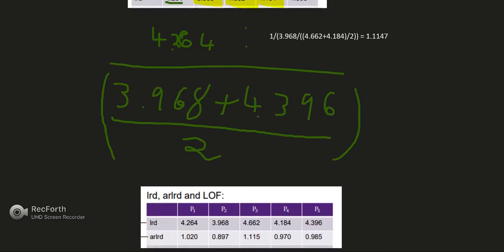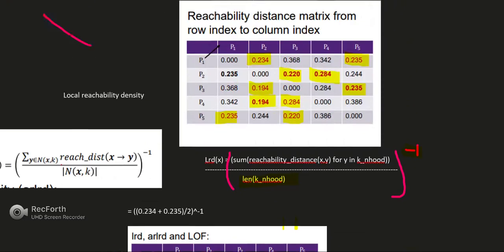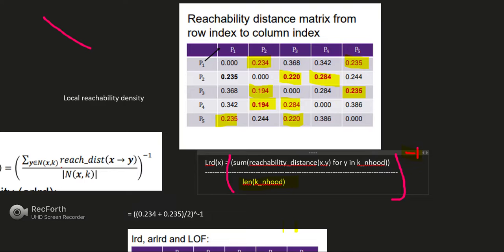Finally, we find the average relative local reachability density, which is just the average reachability density, and you divide your current reachability density by that, and then it's 1 on that to get your local outlier factor. So it's just a couple of averages, guys. That's all it is.